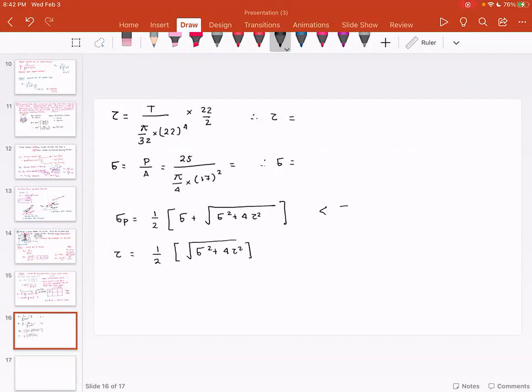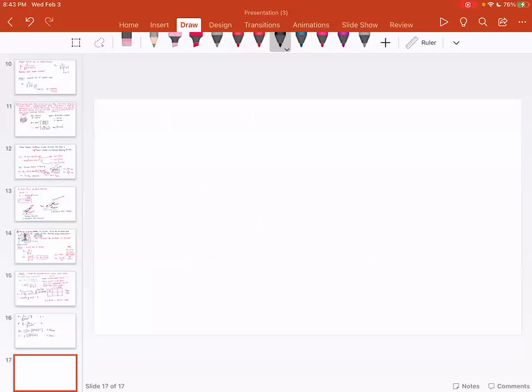And these should be less than sigma design, and this should be less than tau design. And in this particular problem, the design stresses are given. If they are not given, we have to go back and look at the design data book and find out the values. The next part is the length of the nut.